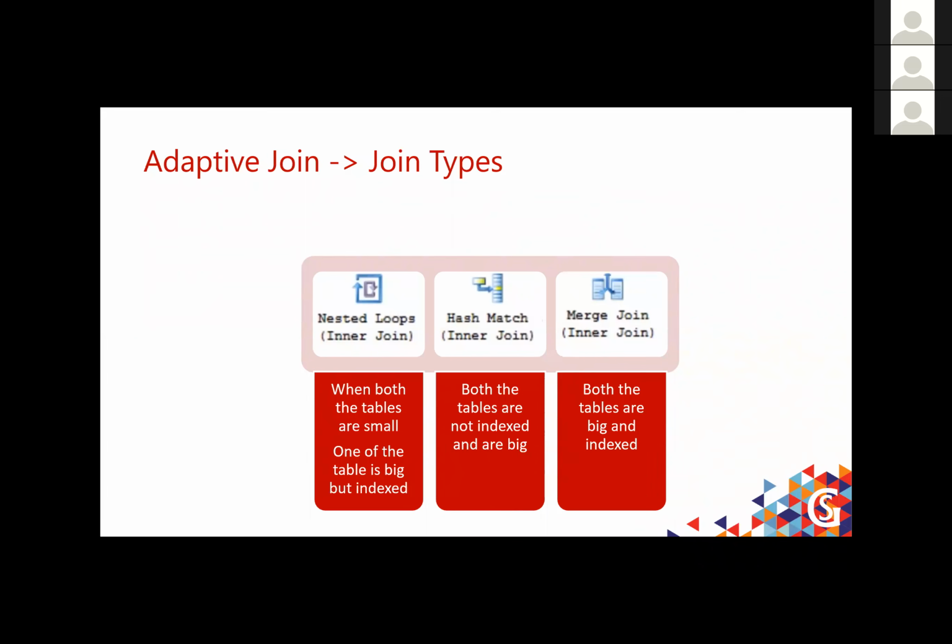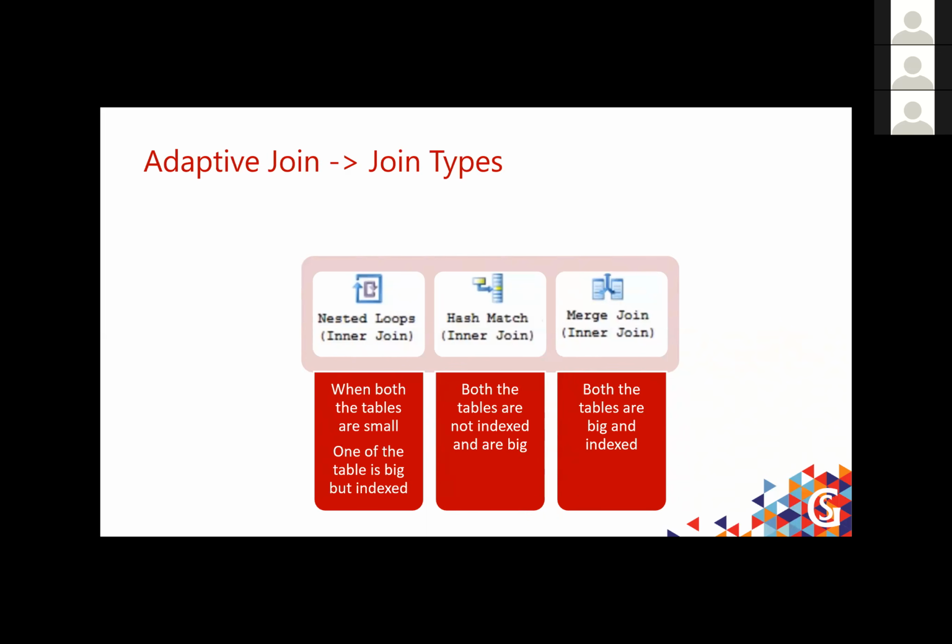The other operator is hash match join. Hash match is picked when two tables are fairly big and they do not have an index. In that case, it uses hash algorithms and hash buckets to make the join happen.